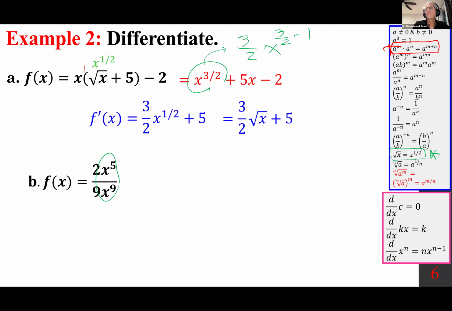This part uses the quotient rule of exponents, and it's 2/9 x to the power of 5 minus 9. And this is x to the power of 5 minus 9. So that's the first thing we want to do.